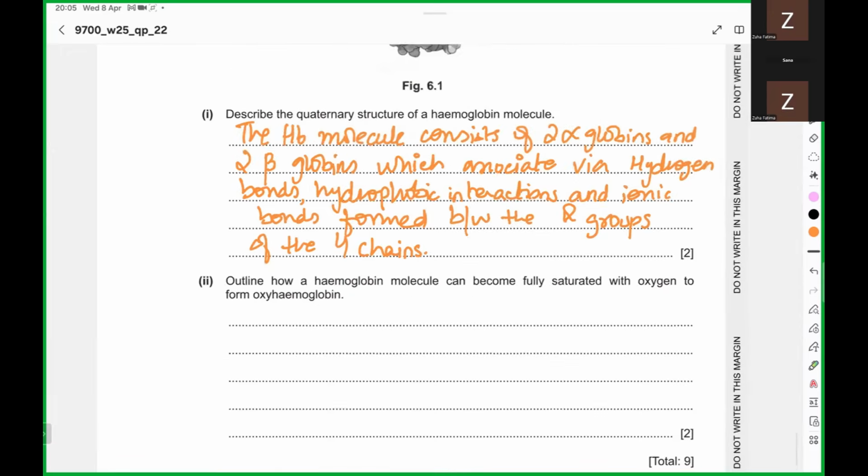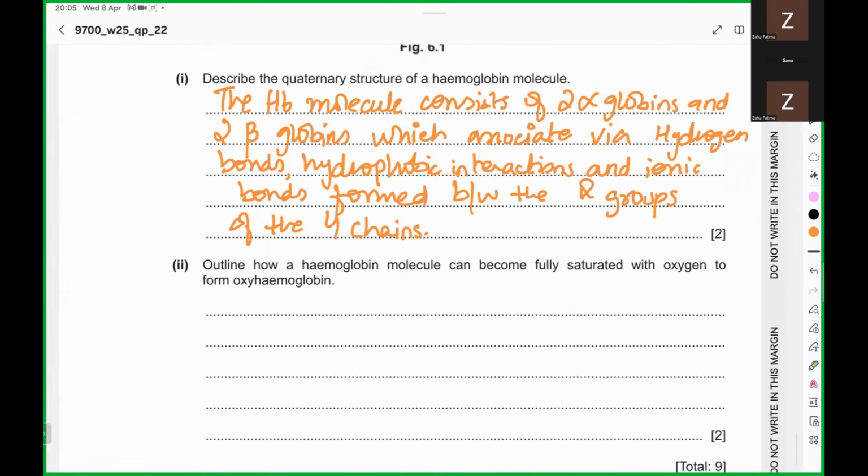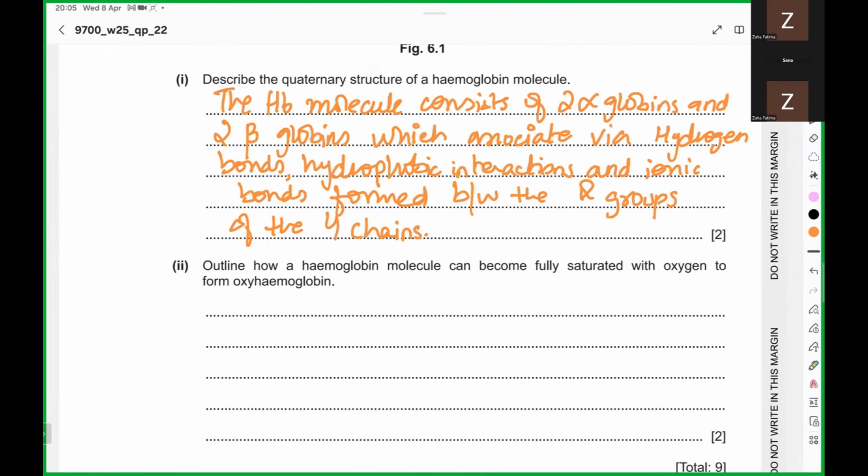Outline how a hemoglobin molecule can become fully saturated with oxygen to form oxyhemoglobin.